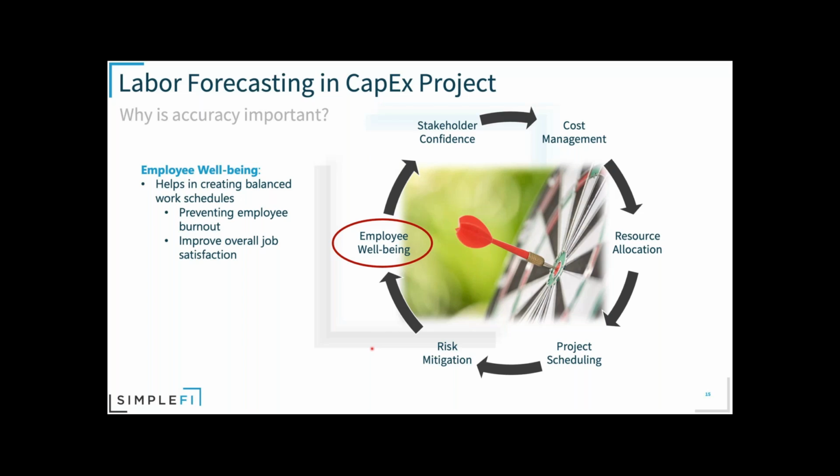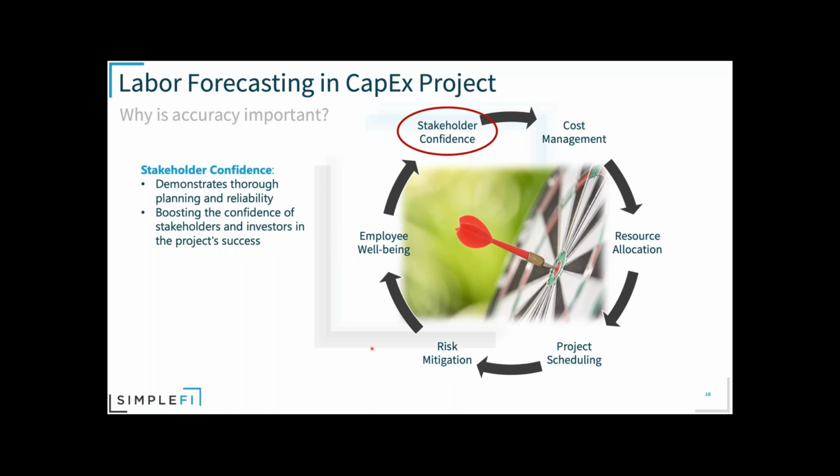We would all want that for ourselves, and I think that's what we would owe to the people that would be working on the project as well. As we all know, satisfied employees are productive employees, right? And they also are just going to contribute to a greater chance of project success, no doubt about that.